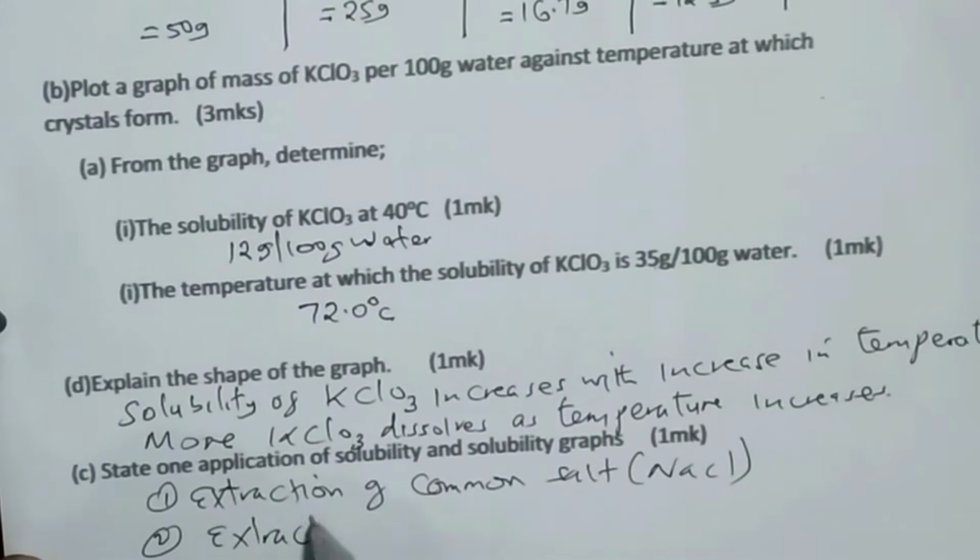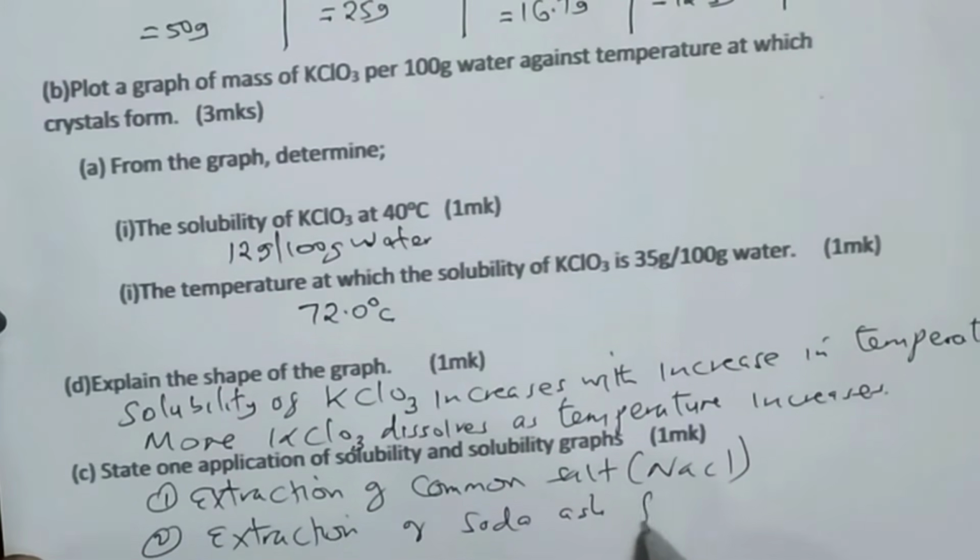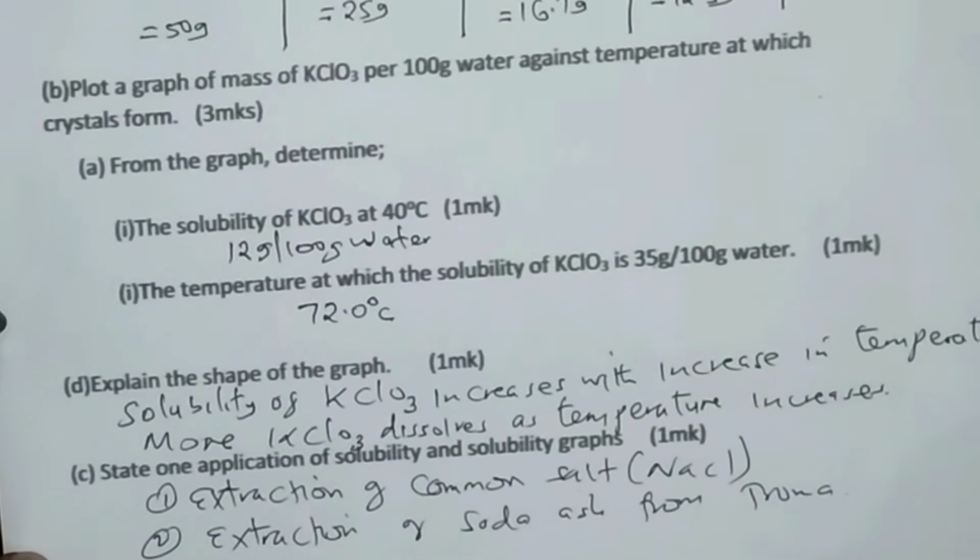Number 2, extraction of soda ash. This is sodium carbonate from trona. Trona is a double salt of sodium carbonate, sodium hydrogen carbonate.